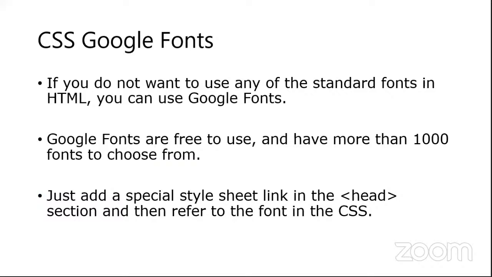Okay, so this is Google Fonts. If you do not want to use any of the standard fonts in HTML, you can use Google Fonts. Google Fonts are free to use and have more than 1,000 fonts to choose from. Just add a special style sheet link in the head section and then refer to the font in the CSS.